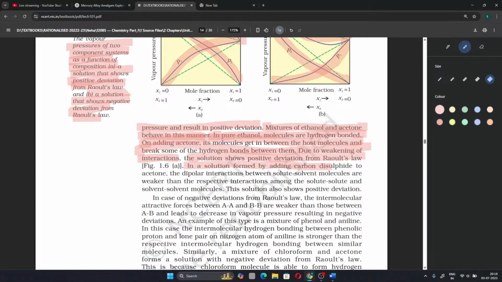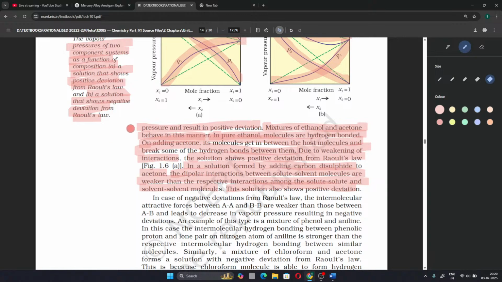In a solution formed by adding carbon disulfide to acetone, the dipolar interactions between solvent molecules are weaker than the respective interactions among the solute and solvent molecules. This also shows positive deviation because AB interactions are lesser than the AA and BB interactions.